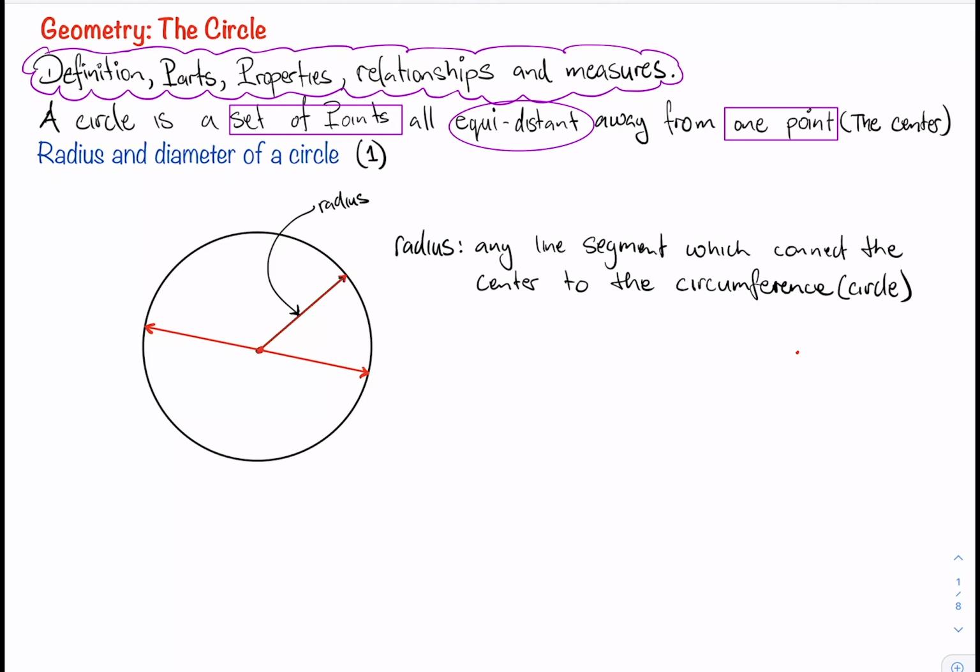So we can refer to the circle drawn as the circumference. Later on, we'll differentiate between the circumference as a measure, but for now, whenever we say touching the circumference, we mean touching the circle. We refer to the circumference as the circle a lot of times in mathematics.